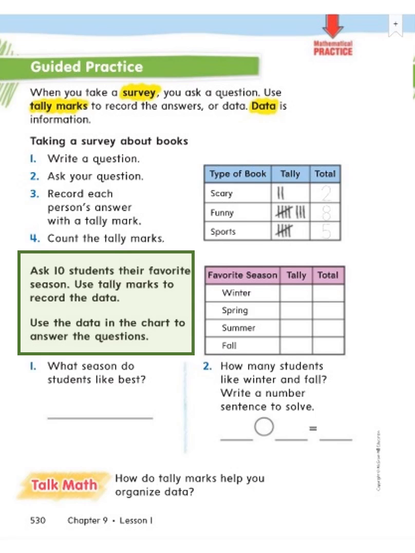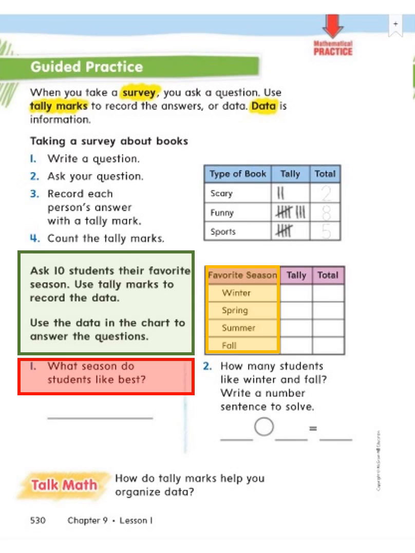And it says here, use the data in the chart to answer the questions. And that's the first question we're going to be answering. What season do students like best? Now let's take a look at the chart. The title is Favorite Season, and of course we've got our 4 seasons, winter, spring, summer, and fall.